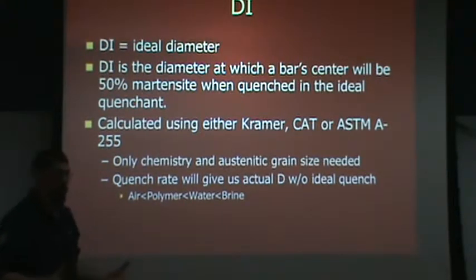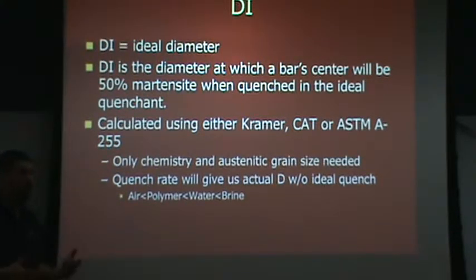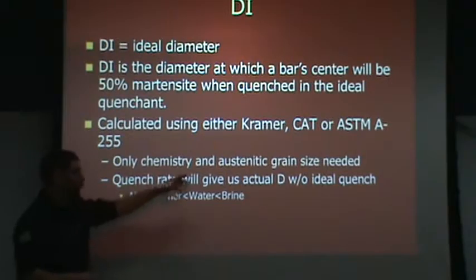So if you're working for a company that does a lot of work for Caterpillar, you will probably use their calculation. Caterpillar will frequently specify the hardenability of the material that they want used in their parts, and you have to calculate it using their technique. There's another calculation called the Kramer method. I believe that was developed by somebody out of Bethlehem Steel. This is the one that Scott Forge uses.